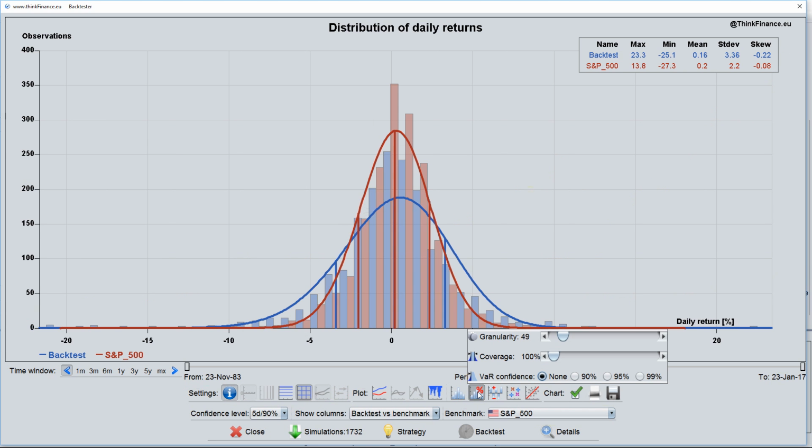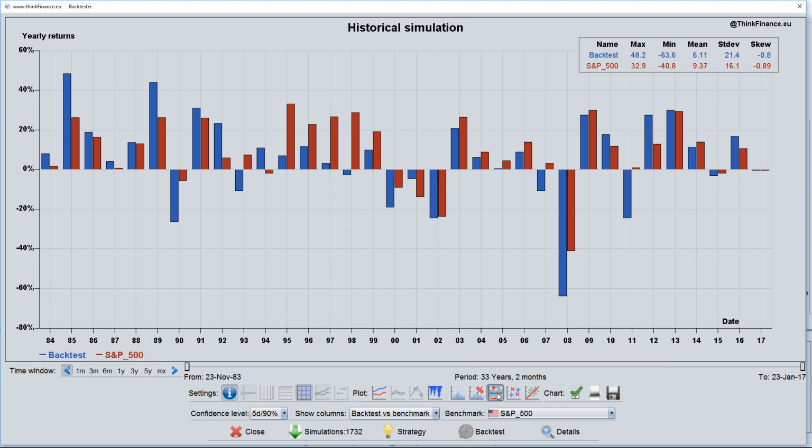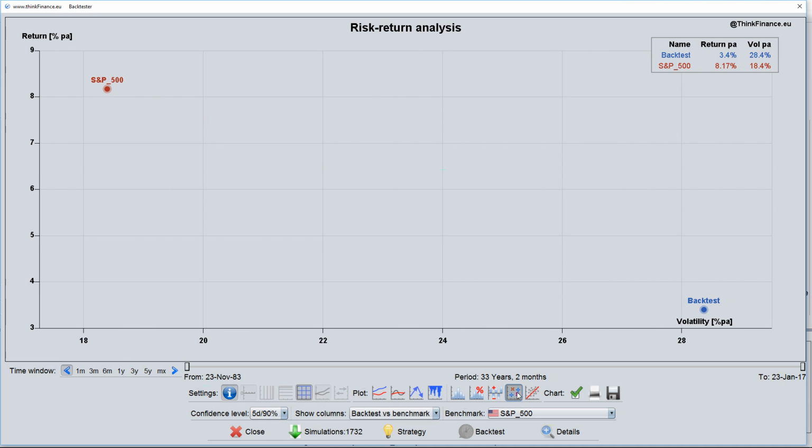You can look at the historical return distribution here of your backtest versus the benchmark. You can look at period returns, so yearly returns, or you can look at the risk return chart where basically the average yearly returns and the average yearly volatilities are compared of the backtest and the benchmark.